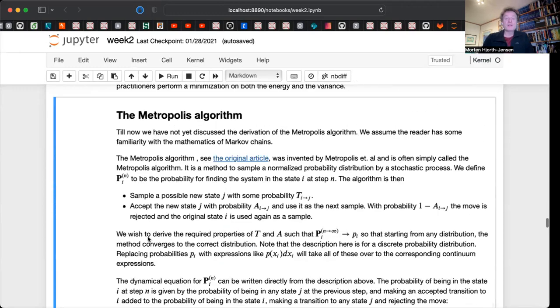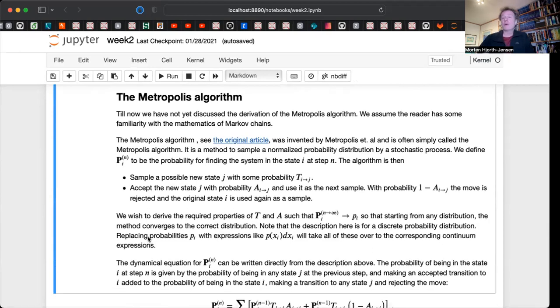But the topic which is interesting for us now, and I'm going to use the slides here, is the Metropolis algorithm itself. And the Metropolis algorithm is one of these really, really famous algorithms, and you will encounter it everywhere. If you go into computational finance, you're going to encounter the Metropolis algorithm.